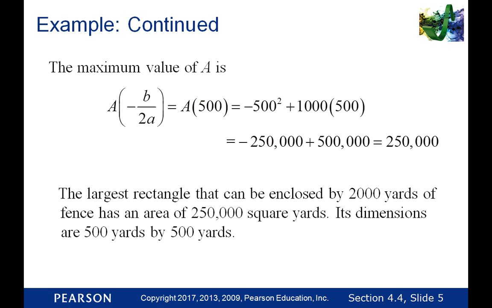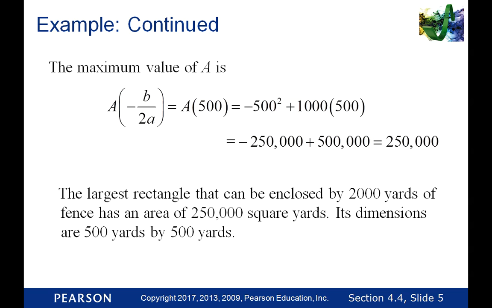How do we find those dimensions? Where did we go to get the length or the width, whichever one we didn't find? It's a rectangle, so there's a length and a width.